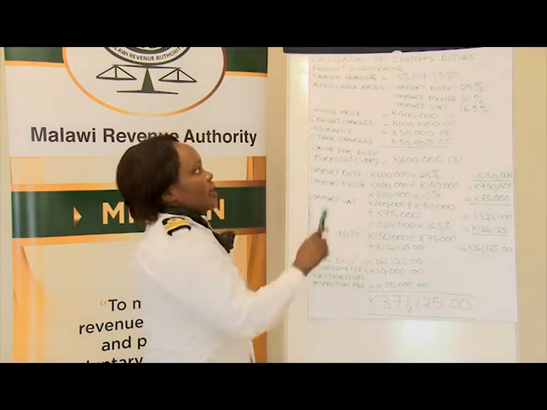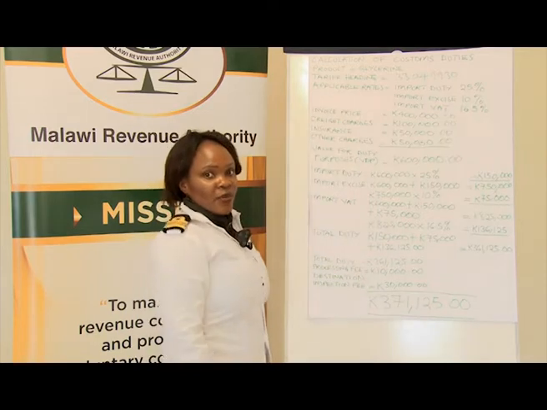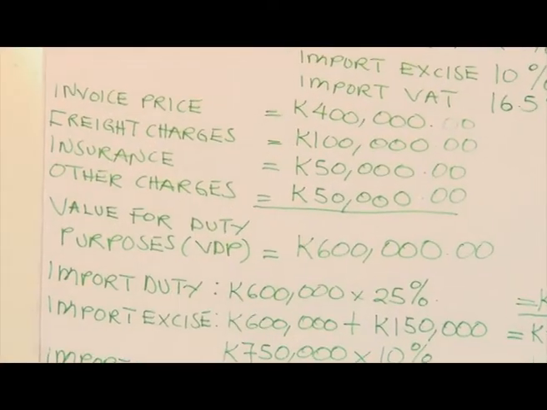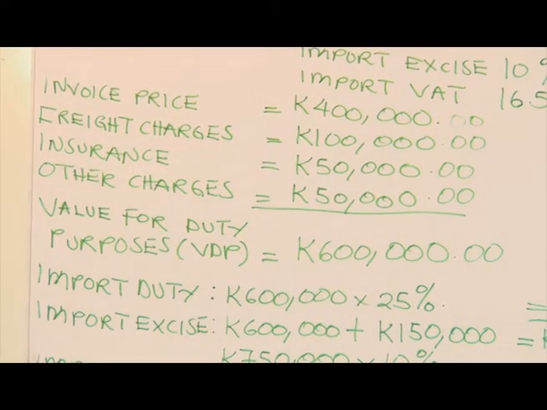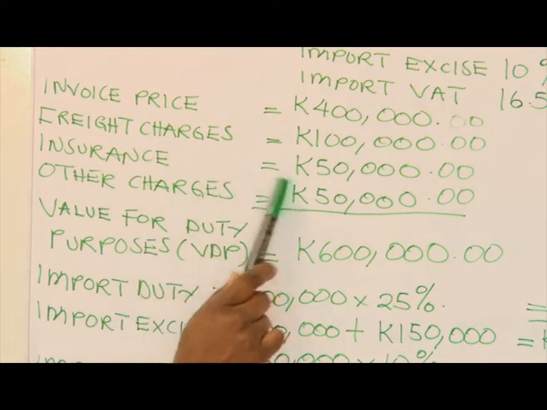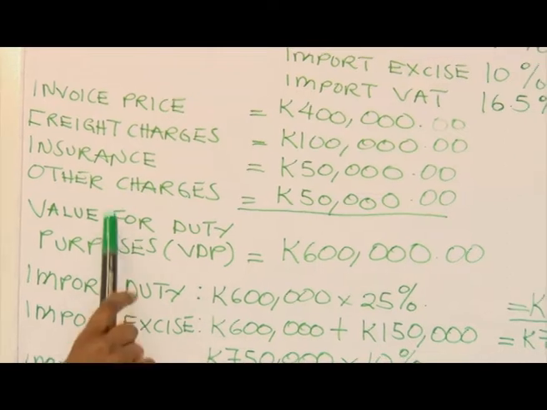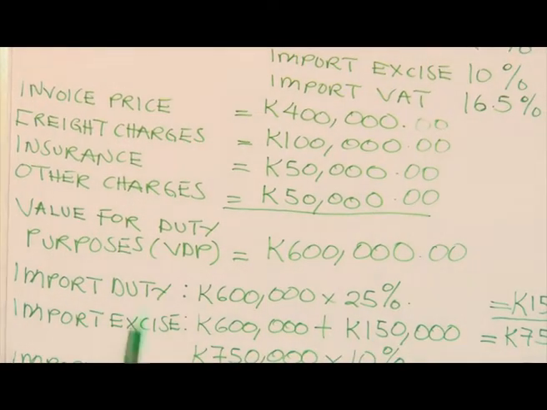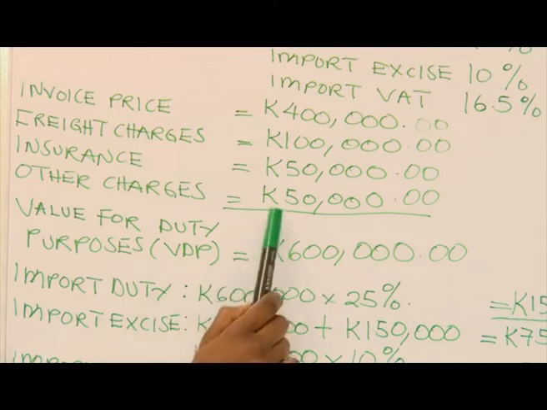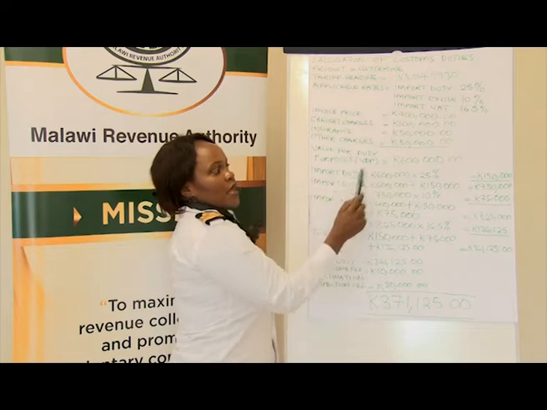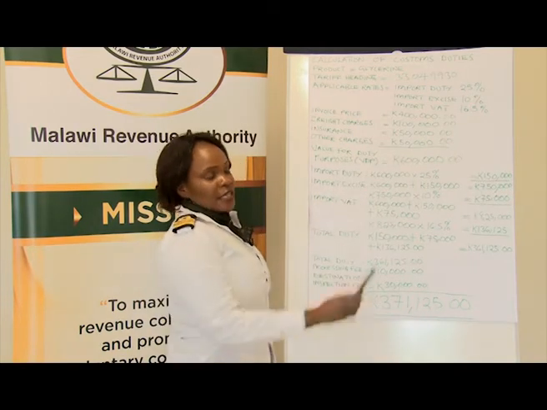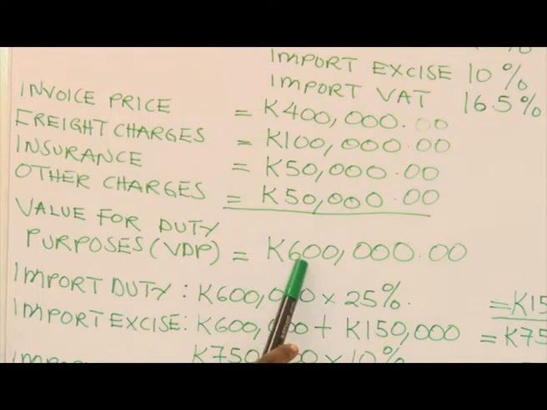In this case, we assume the importer paid 400,000 kwacha to buy the glycerin, freight charges 100,000 kwacha, insurance 50,000 kwacha, and other charges, packaging, 50,000 kwacha. We add up all the costs to come up with our value for duty purposes. In this case, our VDP is going to be 600,000 Malawi kwacha.